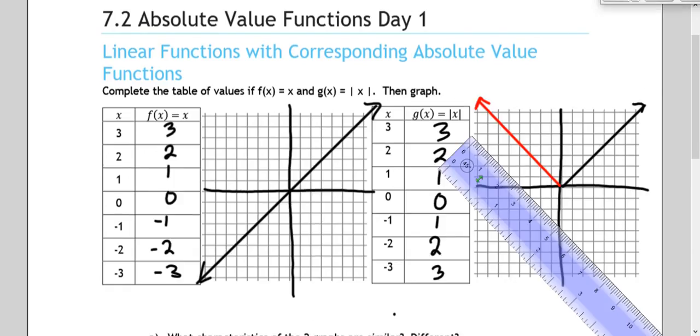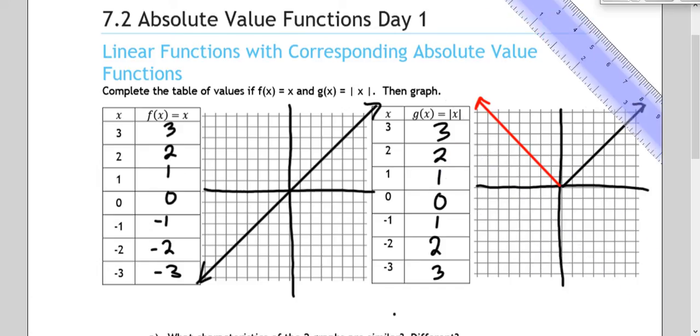Okay, I just took a second there to get everything all graphed up and really nice. So we have here on the left our standard f of x is equal to x. It is a nice straight line through the origin and along a 45-degree angle. And then we have this nice little V shape over here, because we can see that here, here, here, and here, everything is normal.